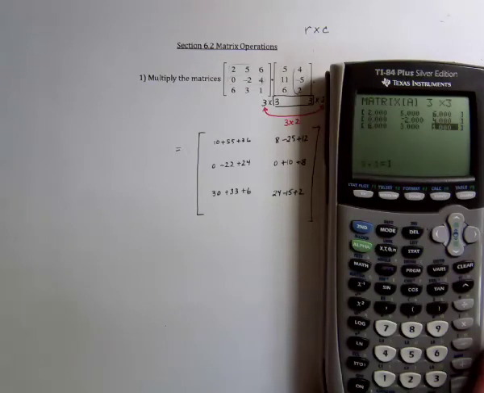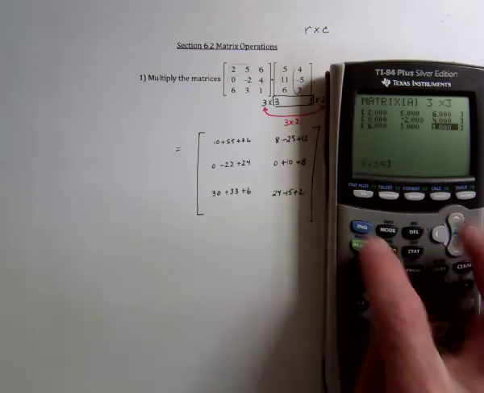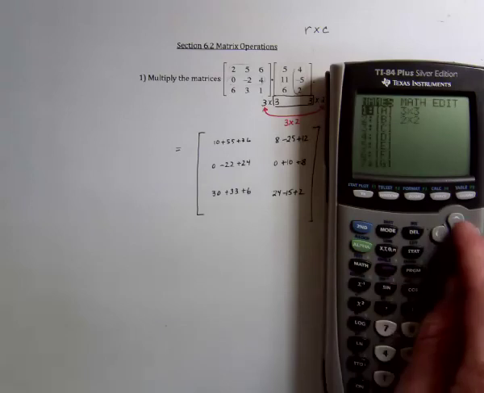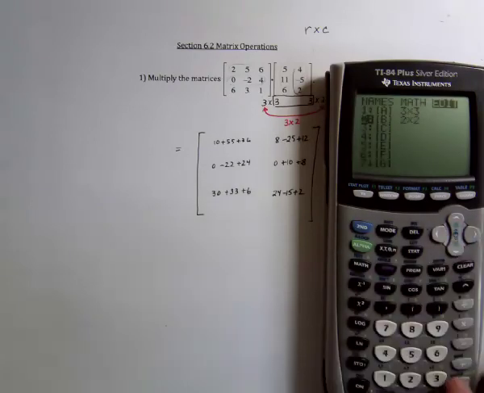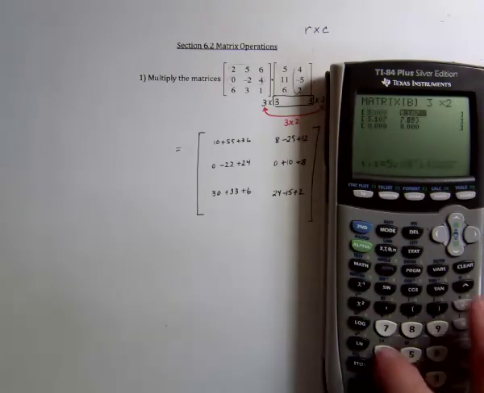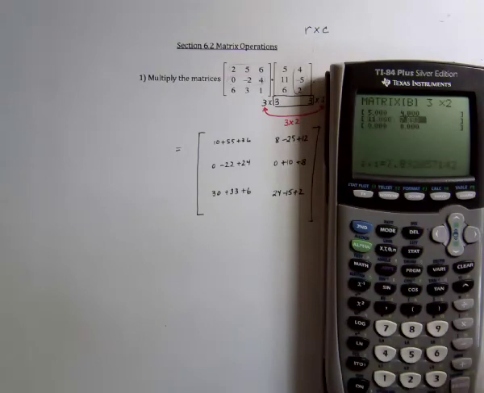Okay, that looks entered correctly. And then go back to second matrix and over to edit, and this time matrix B is going to be 3 by 2, and then its entries are a 5 and a 4 and 11, -5, 6, and 2.